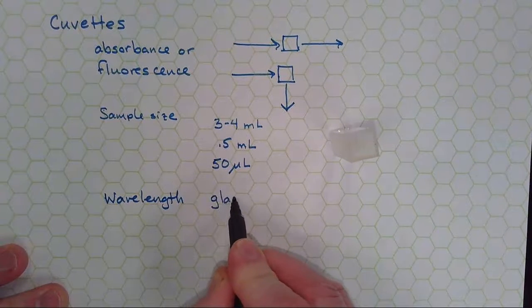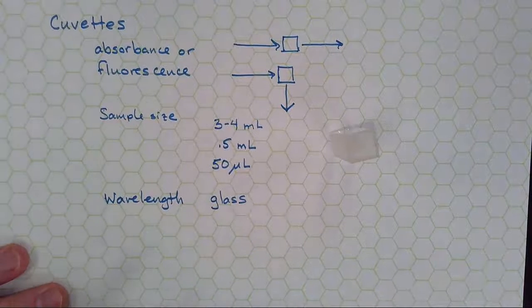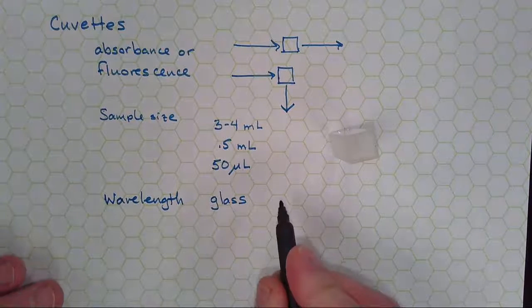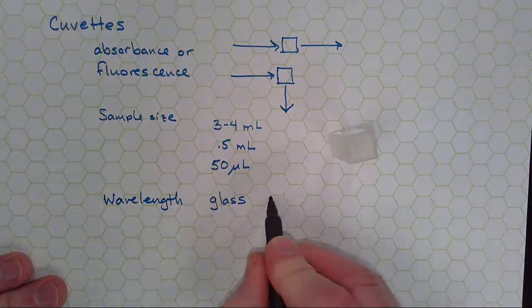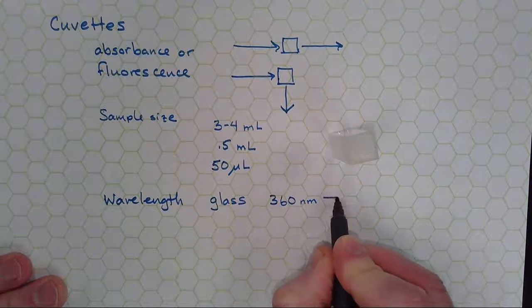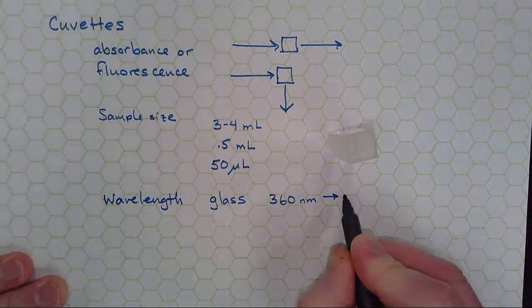Glass is going to be transparent to visible light, but it might absorb some in the UV light. Typical optical glass is good from about 360 nanometers up to 1,000 nanometers.